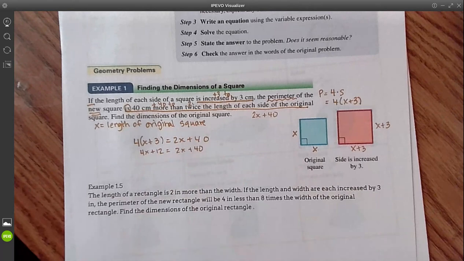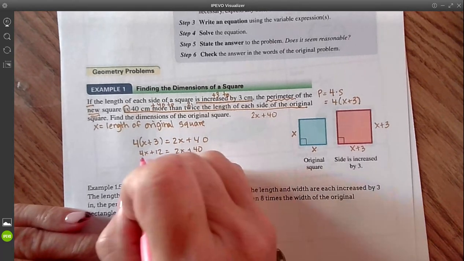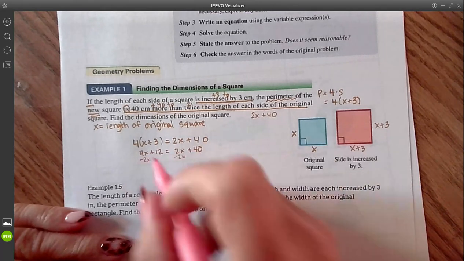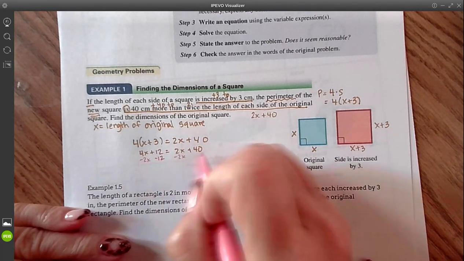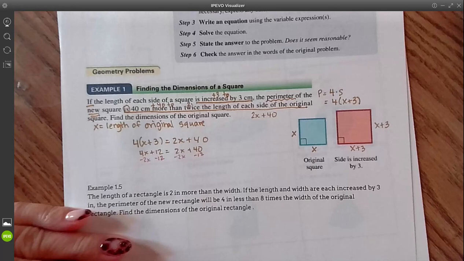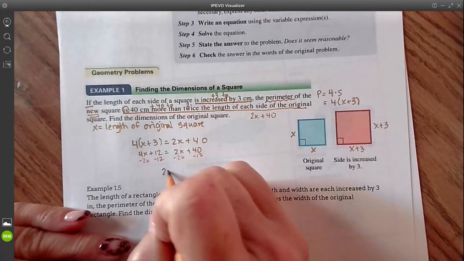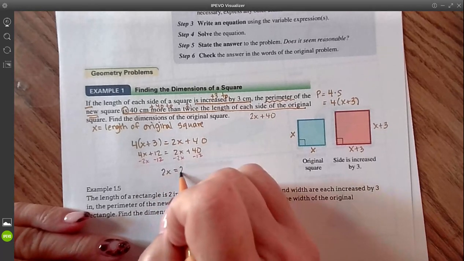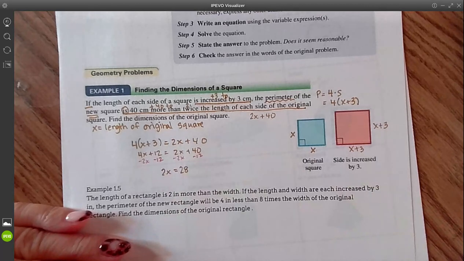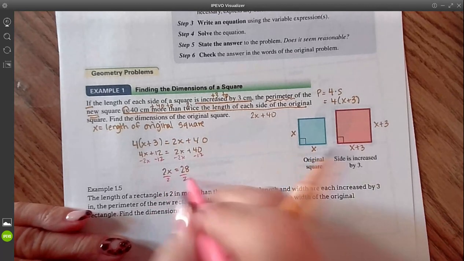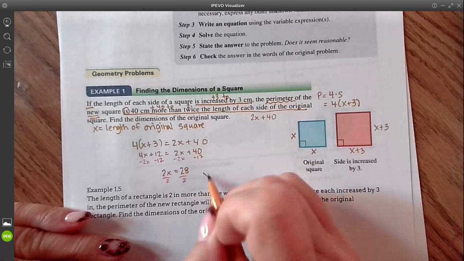I'm going to go ahead and move the x's to the left, because you know I like variables to start off with positive coefficient. Subtract that 12 over. So I have 2x equals 28. And divide both sides by 2, and I get x equals 14.